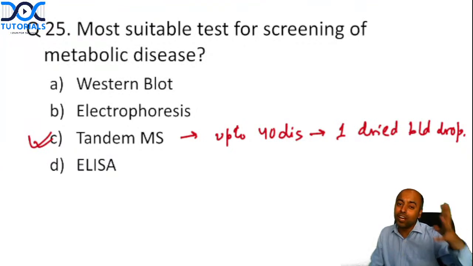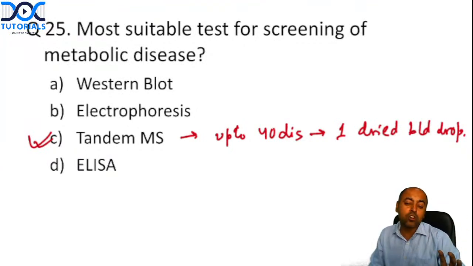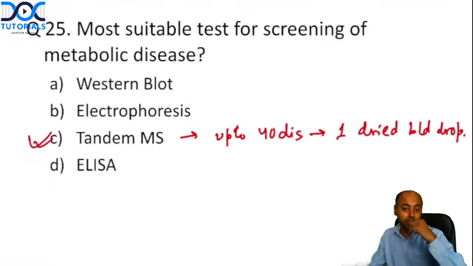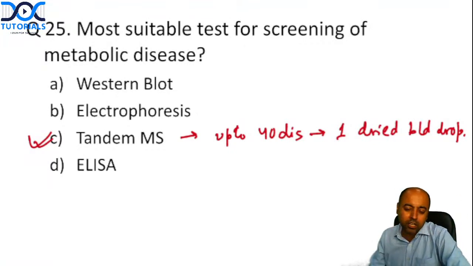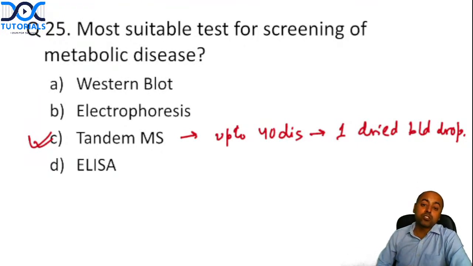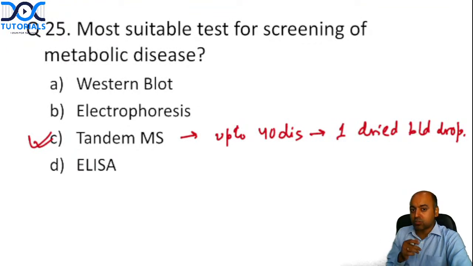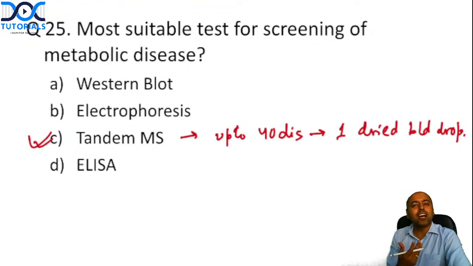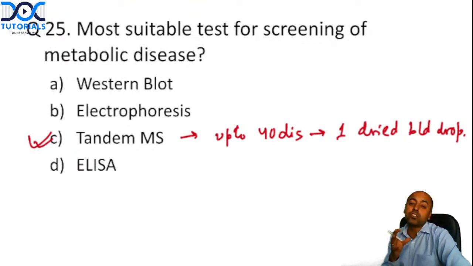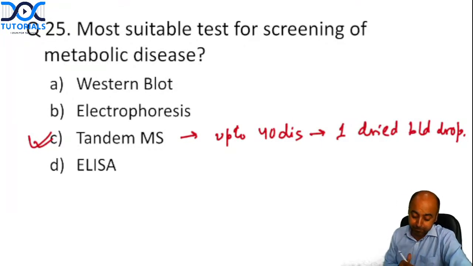For others, you have to invest a lot of cost, a lot of energy, a lot of time is required to interpret using the different techniques. You cannot have a common process for the large number of diseases. So here the answer is tandem mass spectrometry. For electrophoresis, you will have to have the antibodies for each of the diseases for which you want to do the screening, not so for the tandem mass spectrometry.